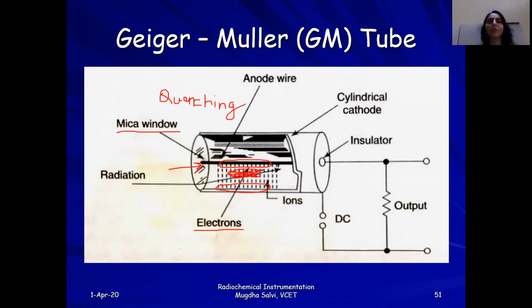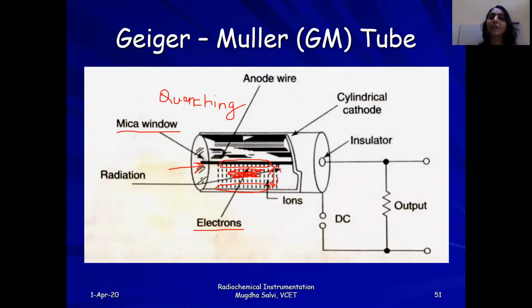But yes, it will be required for a GM tube. Quenching is nothing but you either externally supply fresh gas into the GM tube, or you provide an external resistance equivalent to the resistance between these two, because of which that extra ionization will pause for some time. The ions will recombine, and again the process can start when new radiations enter.